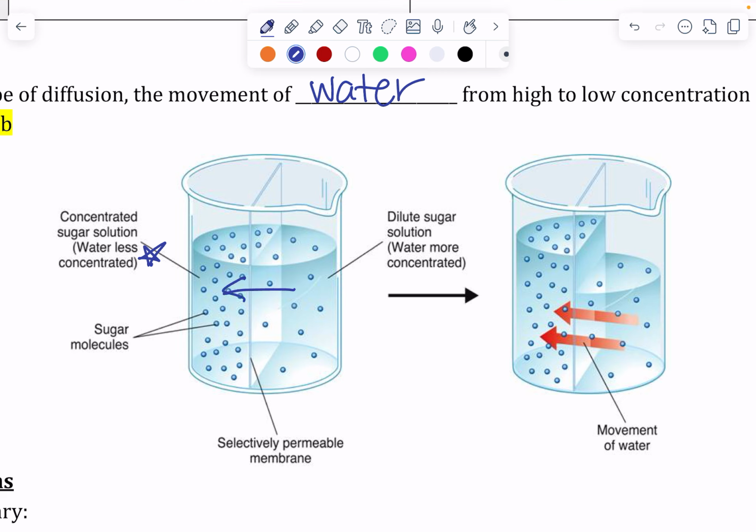Eventually, if you let it play out, the water is going to move to the left side of the beaker where there is less water, because it looks like there's the same amount of water, hypothetically, to start. If you let the semi-permeable membrane do its job, the water is going to move towards the side of the beaker that has less water. So the movement is to the left.